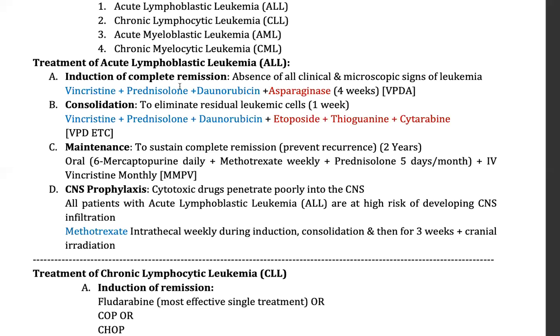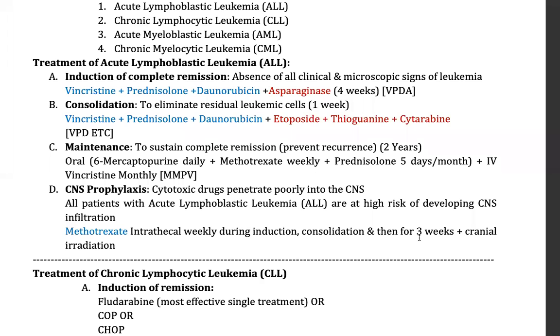During consolidation, 1 week means 1 dose weekly. So during the induction we have 4 weeks, and the consolidation we have 1 week. So in total, 5 weeks you have to give methotrexate, and after these 5 weeks you have to continue for 3 weeks. That means total therapy is 8 weeks.